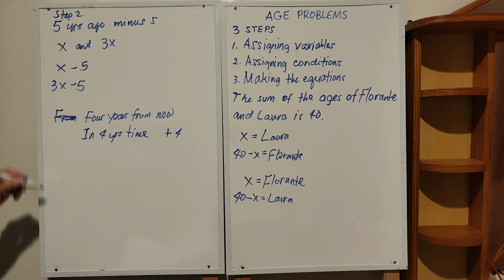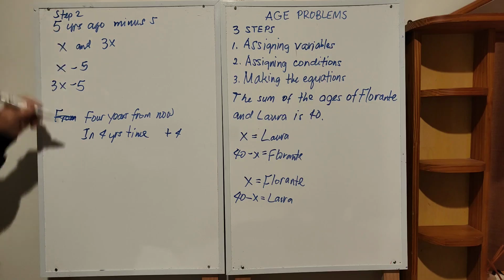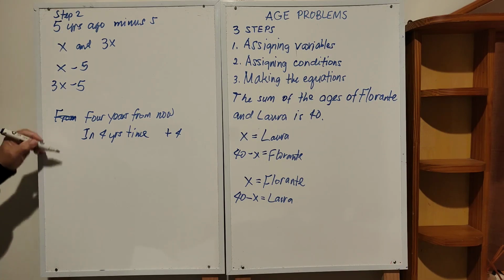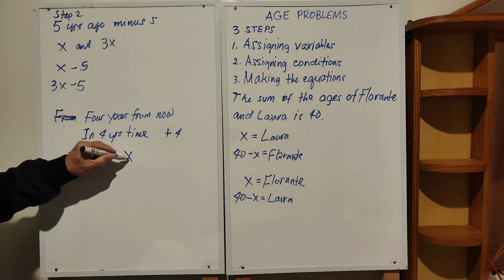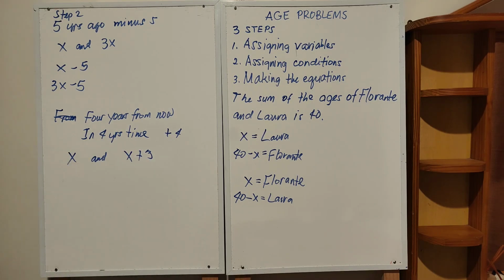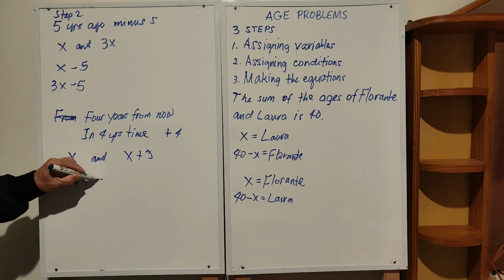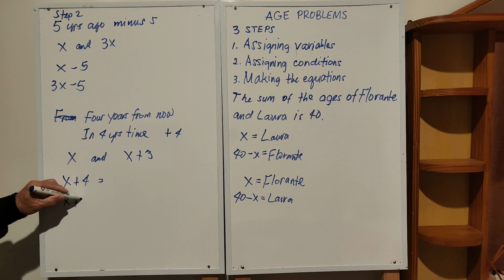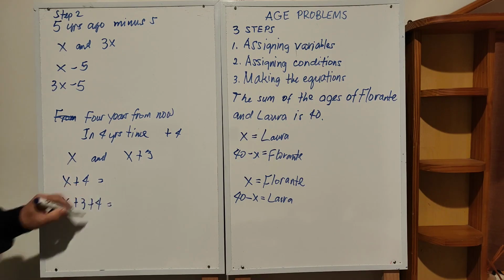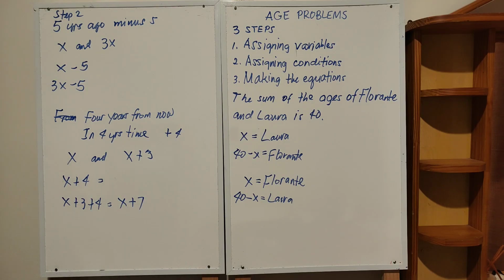So for example, your assigned values for the variables are x and x plus 3. Then x would become x plus 4, and then the other one will be x plus 3 plus 4. So it will be x plus 7 for the second person.